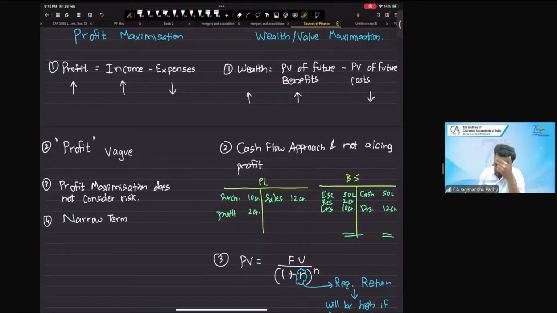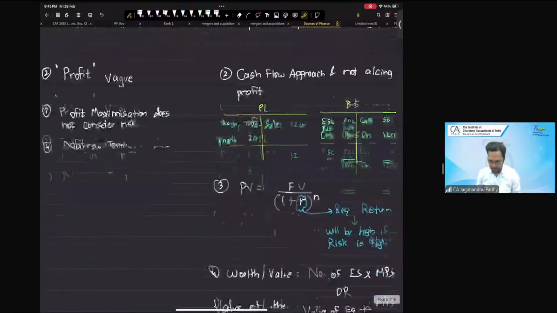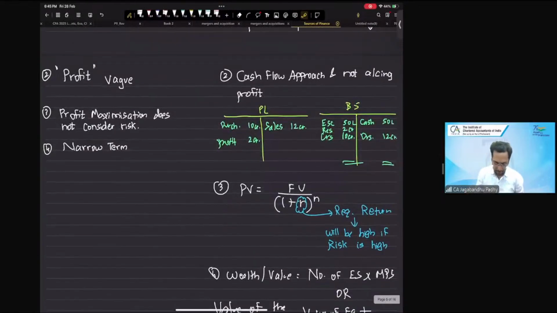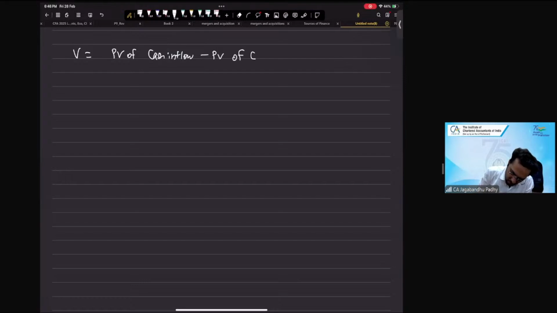Now, how do we go about considering the risk when we are looking at wealth or value maximization? As I said, value is going to be present value of cash inflow minus present value of cash outflow.